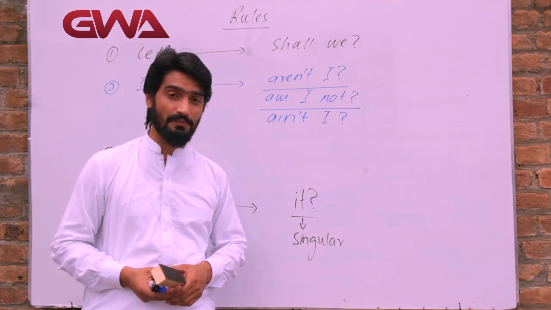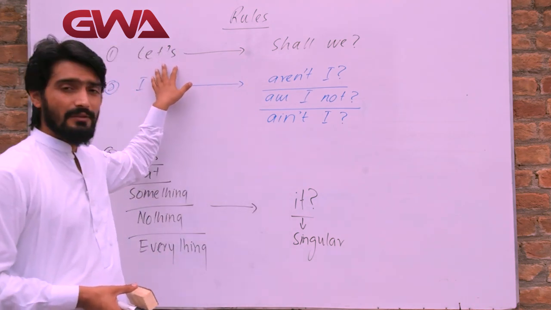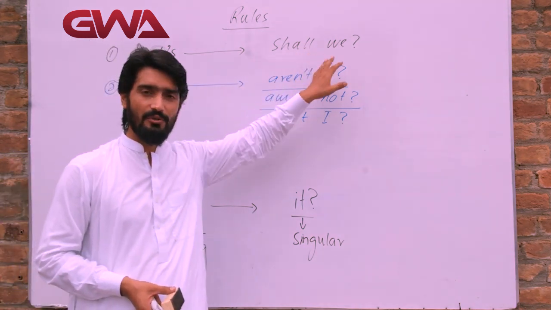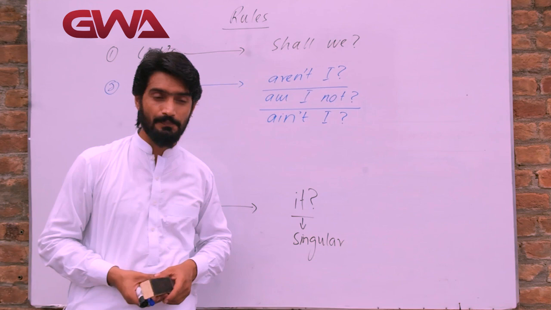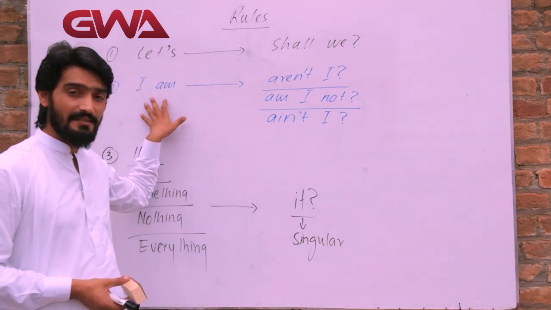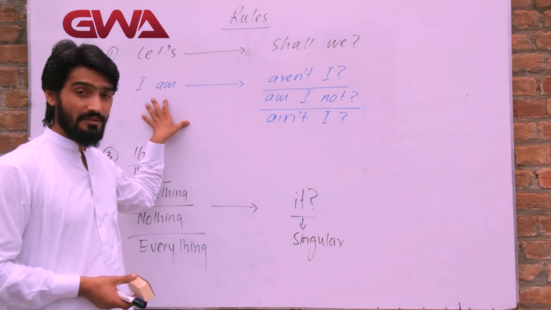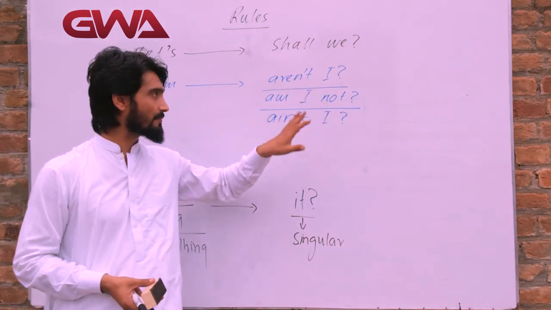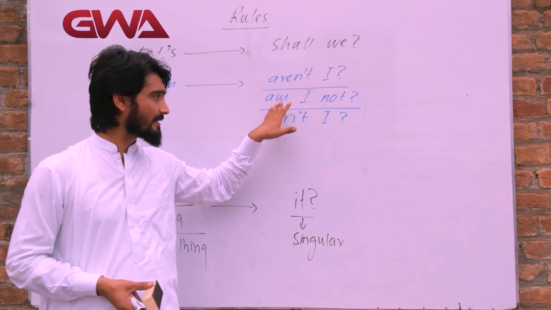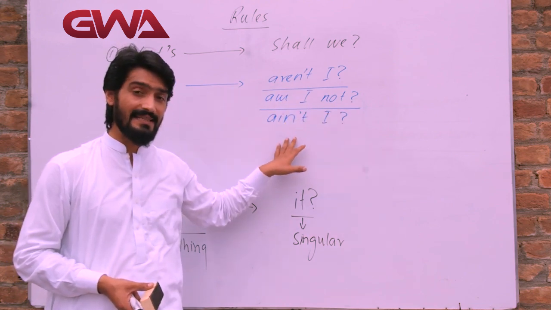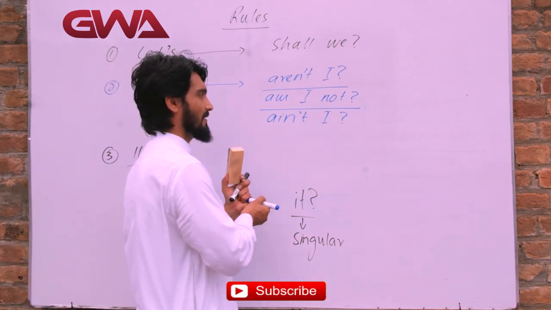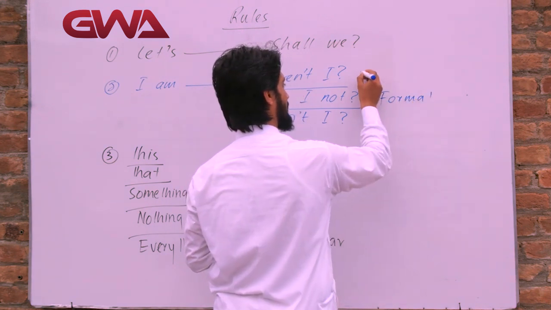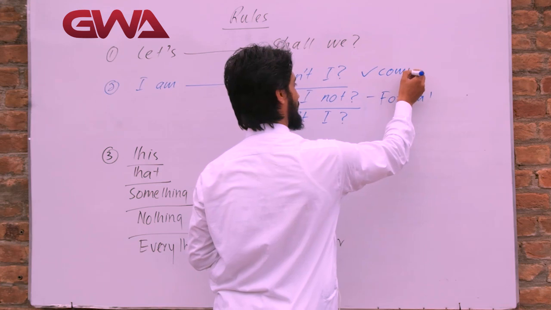Let's study the rules. If we have let's in a sentence, in tag question we will have shall we. If the sentence has I am, means a positive sentence, in tag question we have 3 options: aren't I, am I not, ain't I. This one is formal, but this one is common.